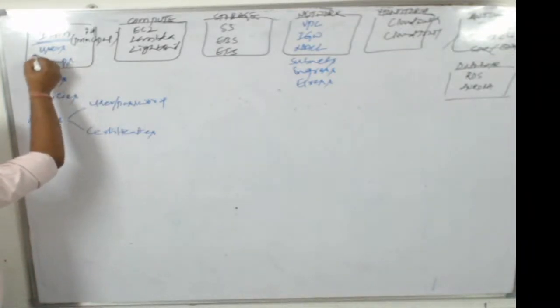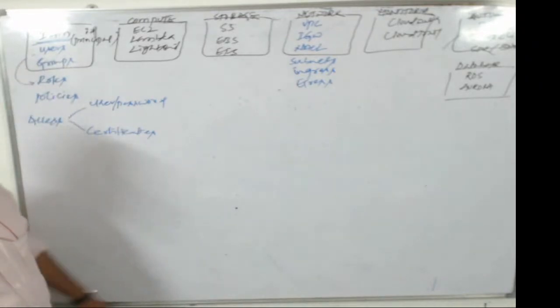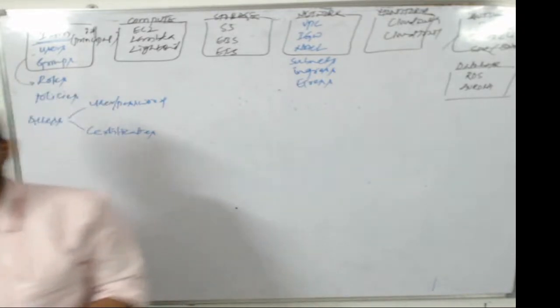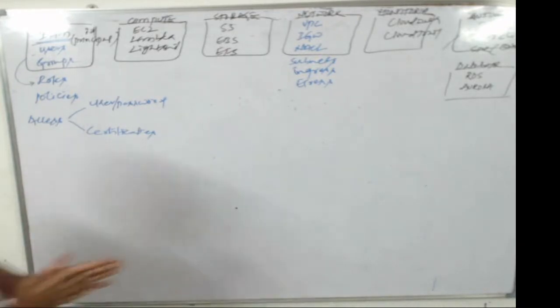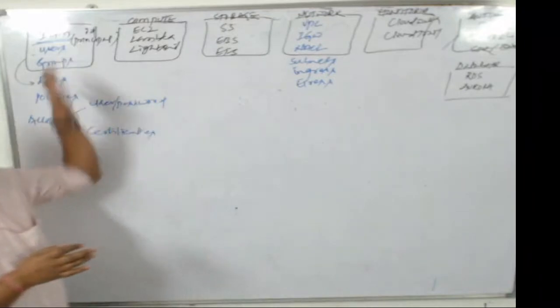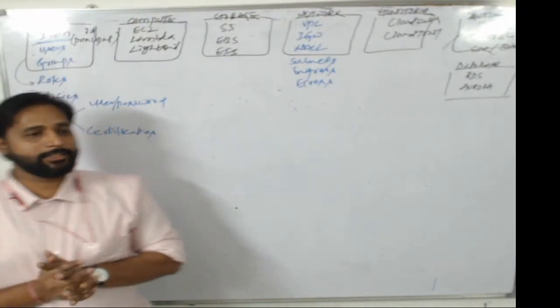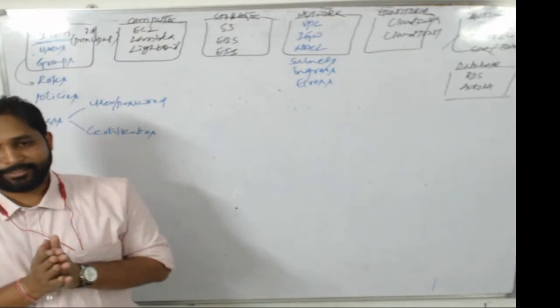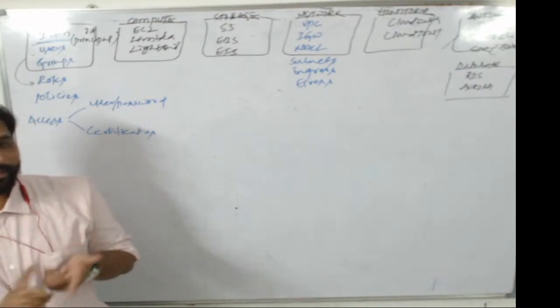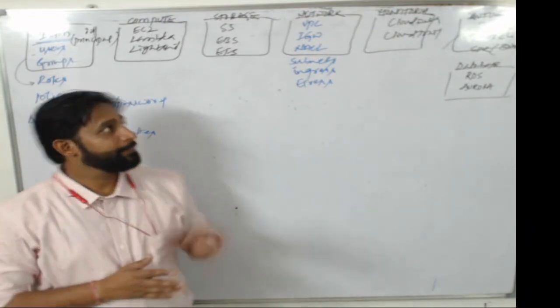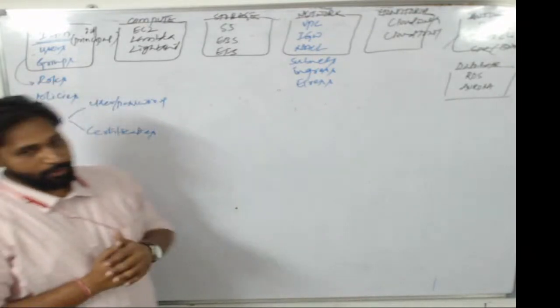Now let's forget the groups. Come to roles. What's a role? We'll talk groups in a moment. A user is a user or some ID that you use to log into an application. Your Gmail, Facebook, anything. What is a role?